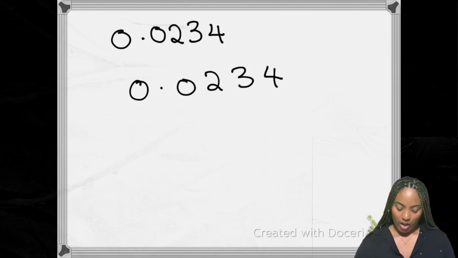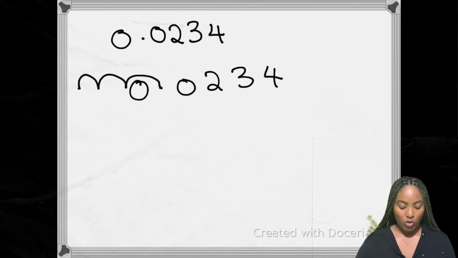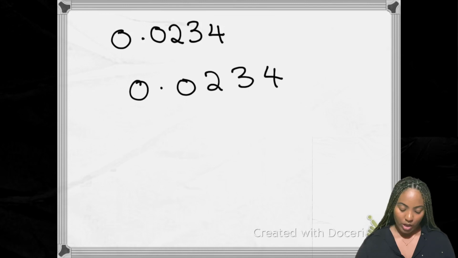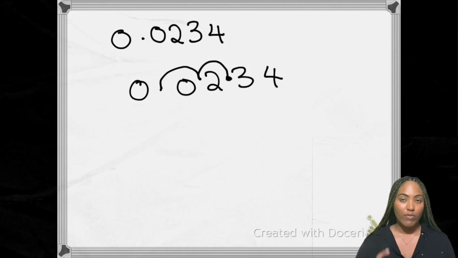Now, we need to move, if we want to get a non-zero digit in front of the decimal place. Of course, if we're going this way, we end up seeing no non-zero digits. So we cannot go to the left. That therefore means we must go to the right. So we move 1 place, 2 places.